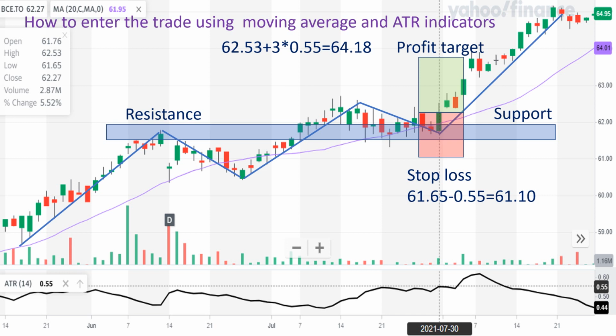The second method to set your stop loss and profit target is to use the same bullish candle and put 2 ATR below the close price of that candle for stop loss, and 4 ATR above the close price of that candle for profit target.